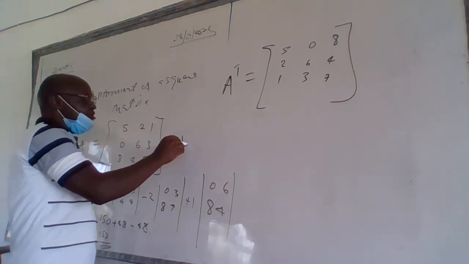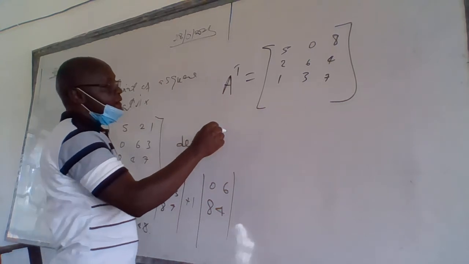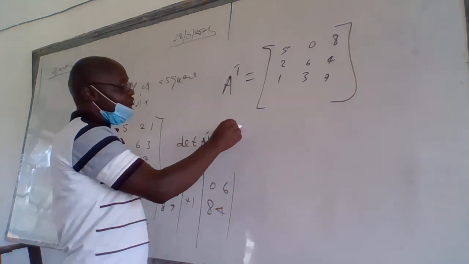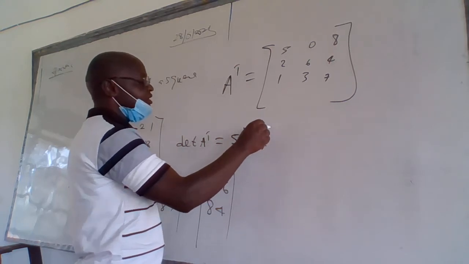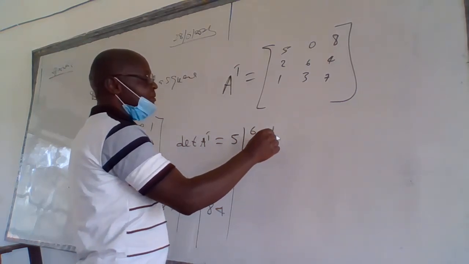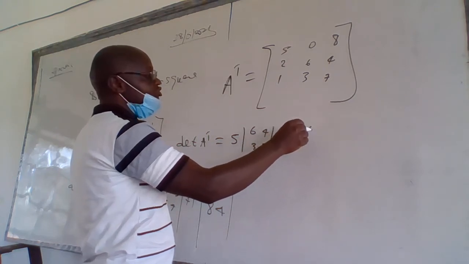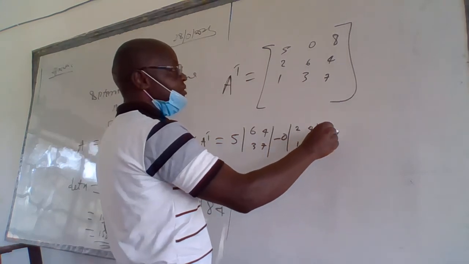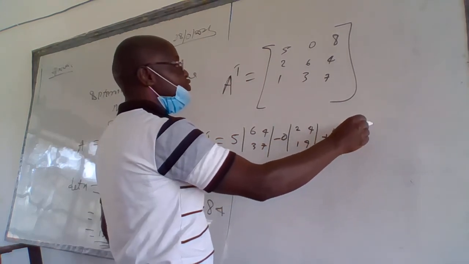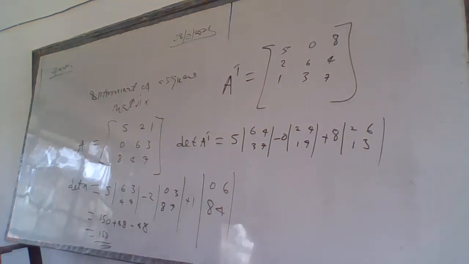So we have the determinant of A transpose will be equal to 5 into the determinant of 6, 4, 3, 7, then minus 0 into the determinant of 2, 4, 1, 7, then plus 8 into the determinant of 2, 6, 1, 3.